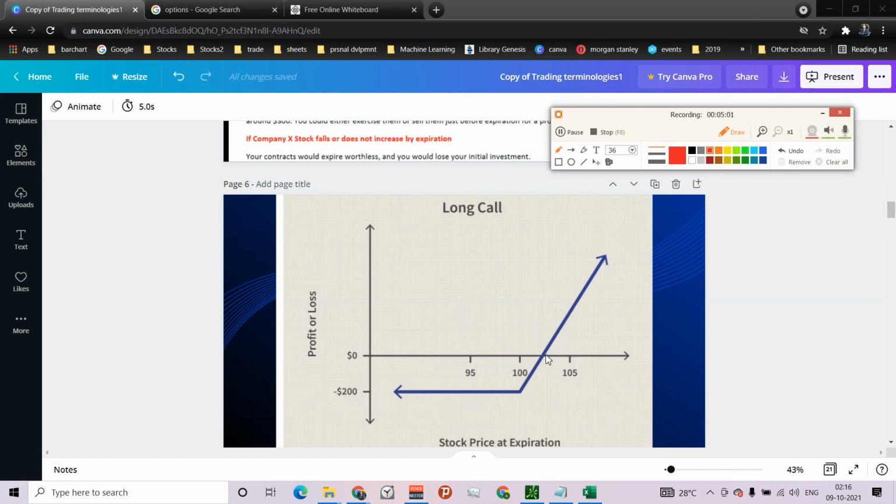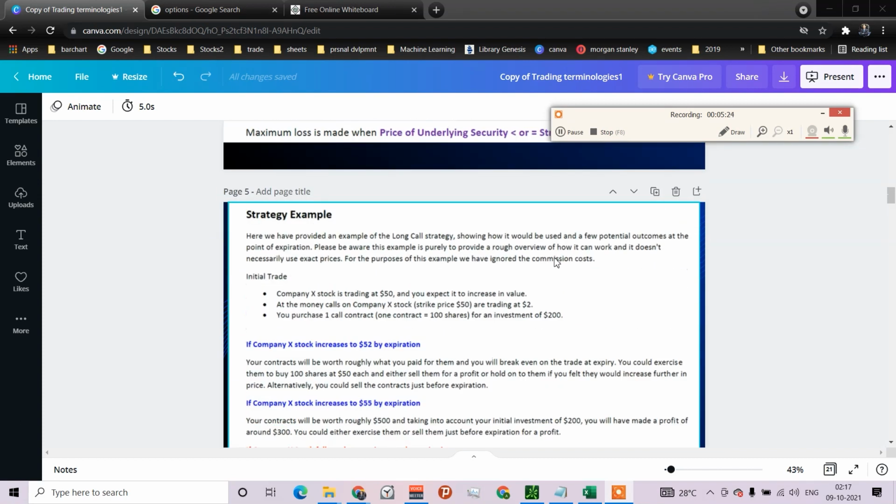But the probability of making a profit is lesser, because you are investing in the option by paying a debit. That is, you're investing $200 in buying this option, so you're already in a loss. If the stock price is at $50, as in the previous example, and it does not move to $52, then we are in a loss.